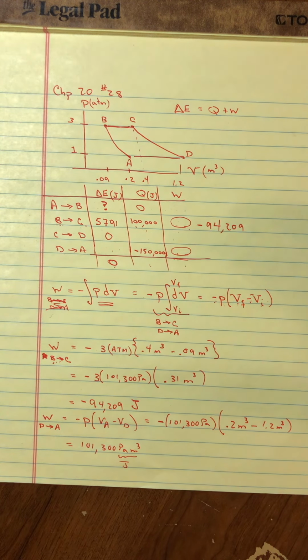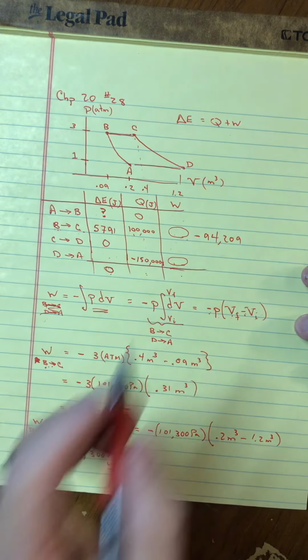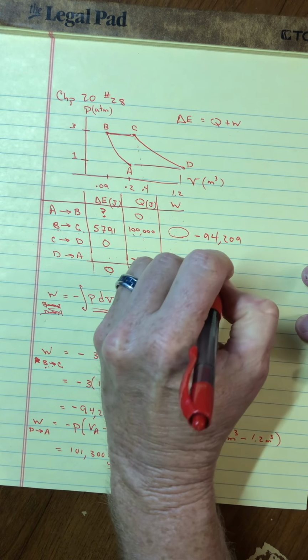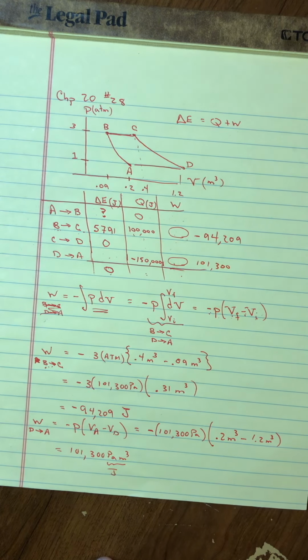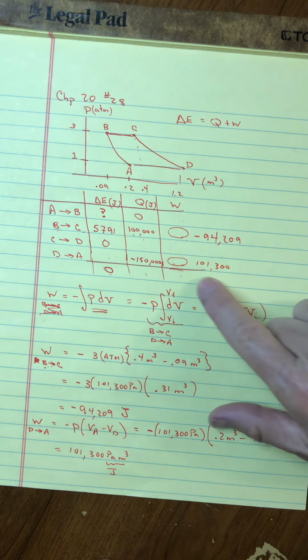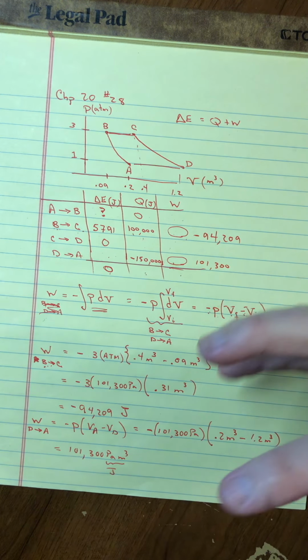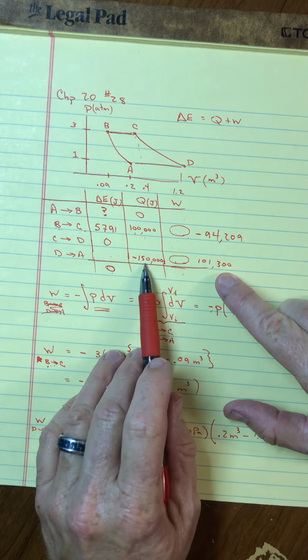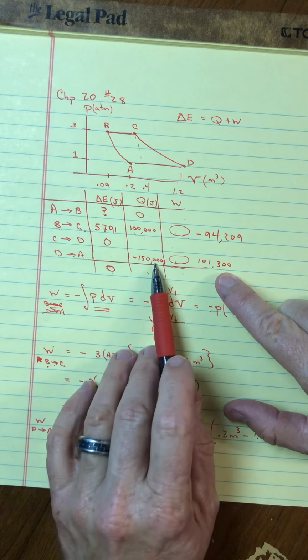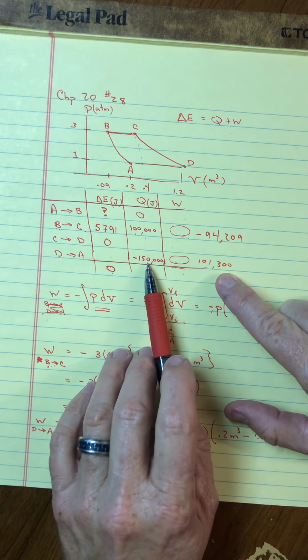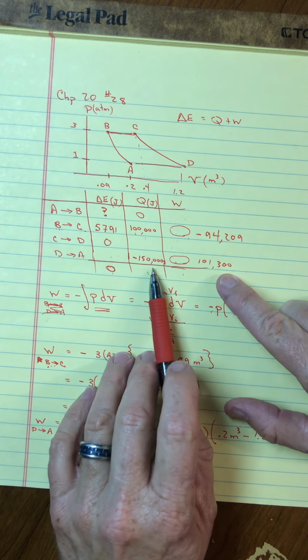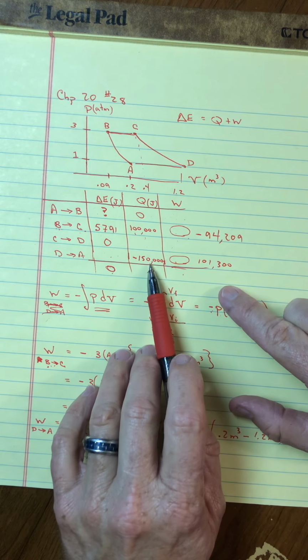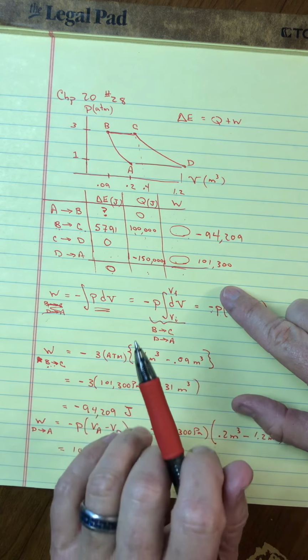And so this is 101,300. So notice this is going into the gas. So let me put that in my chart. 101,300. So that's energy being added to it as we squish it. And that would have been a huge increase in the energy, except heat was coming out. So it was also in the process of being cooled. And it looked like more came out than went in.